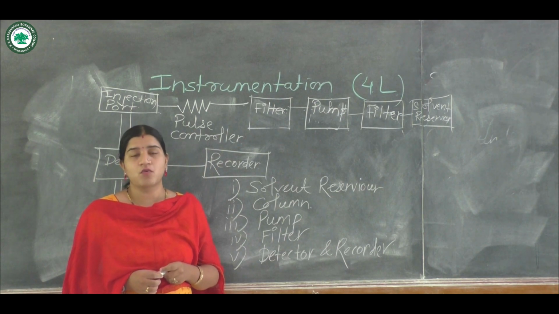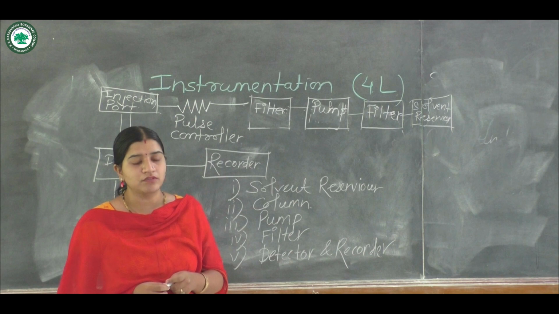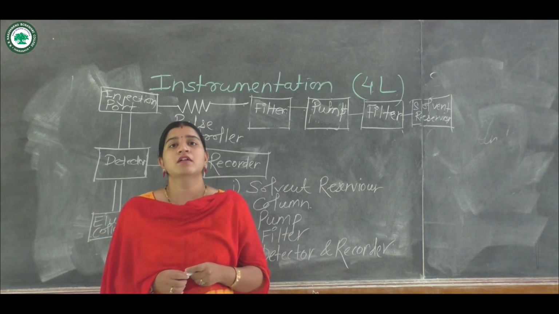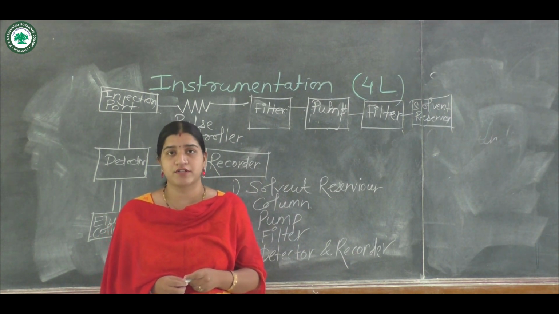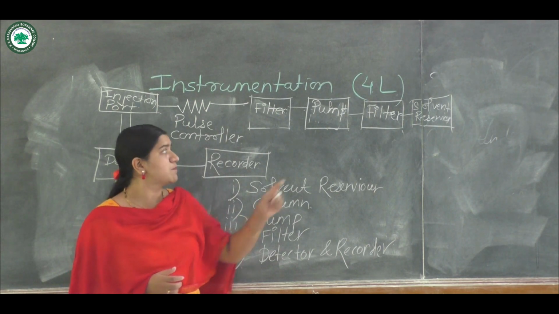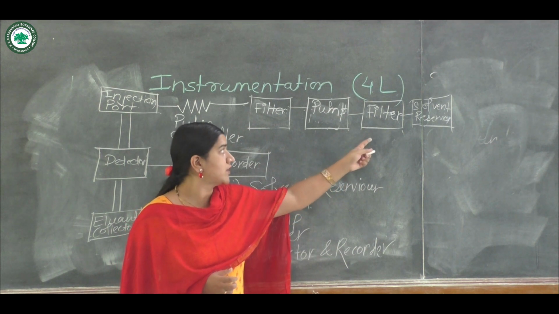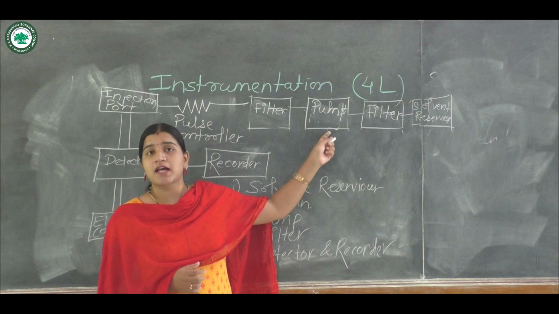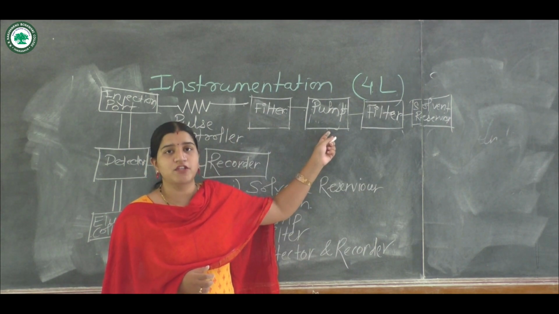So in order to avoid it, filtration is necessary. In the solvent reservoir, proper mixing of the sample with your solvent is done and it is kept there. After that, it is passed through the filter for filtration. After filtering, it will enter the pump, because pumps are the most important part in the instrumentation of HPLC.